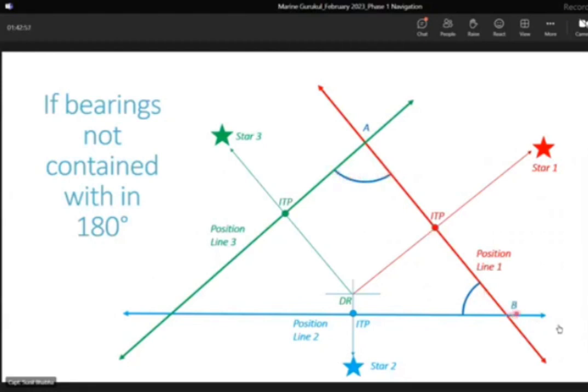The second vertex where the red and blue lines intersect is marked as Bravo, and the third vertex is marked as Charlie. So as mentioned earlier, we now have to draw the angle bisector. So we draw the angle bisector of angle A.